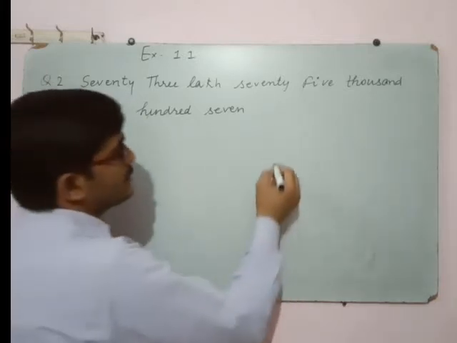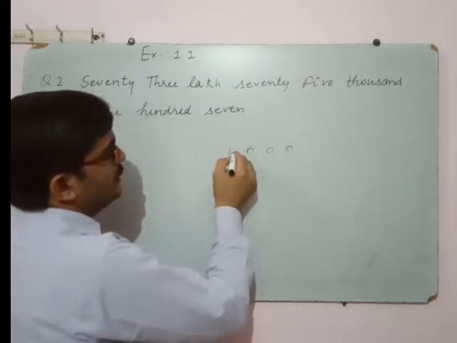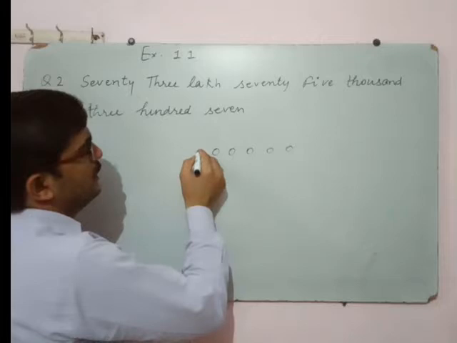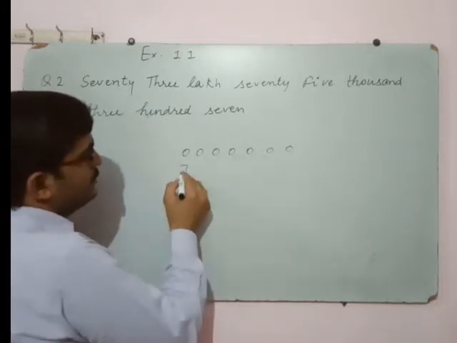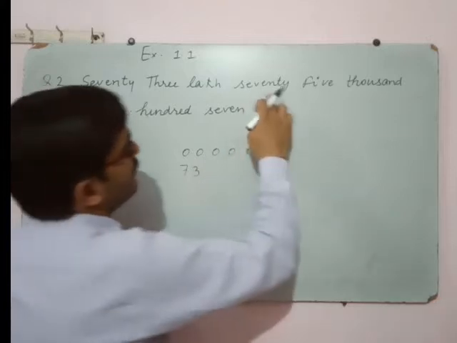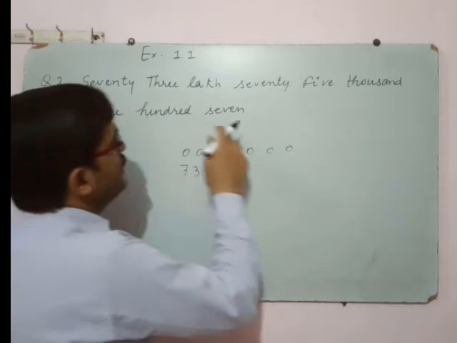Ones, tens, 100, 1000, 10,000, lakh, 10 lakh. 73 lakh 75,000 307.